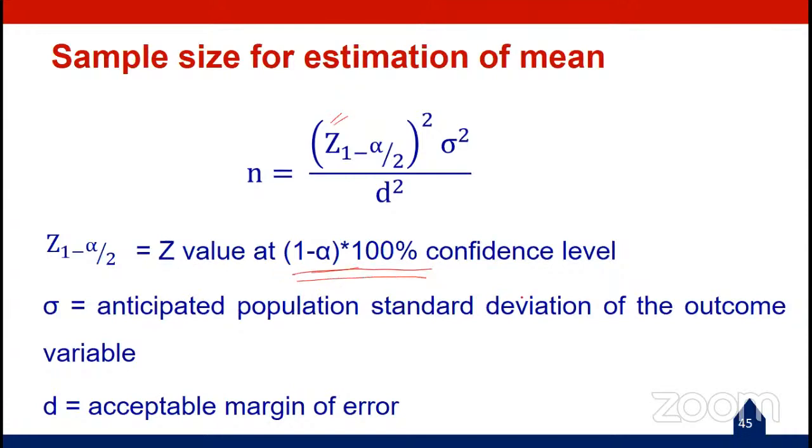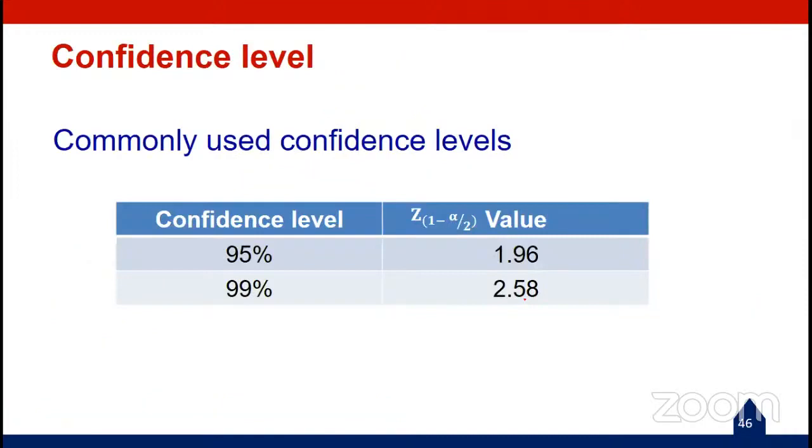So mostly we use a confidence level of 95% or 99%. We need to decide whether we are constructing a 95% confidence interval or a 99% confidence interval.